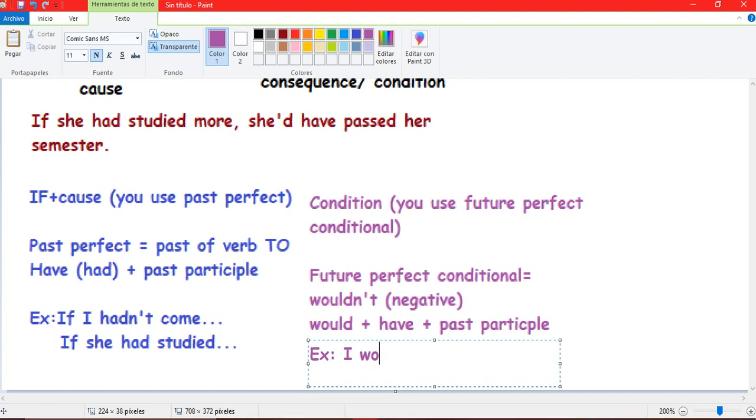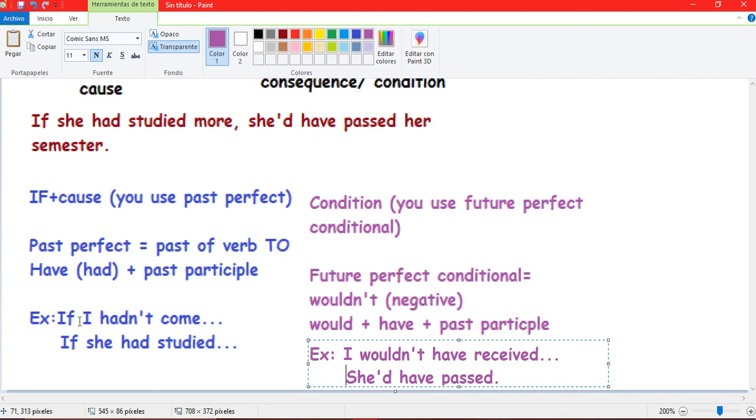I wouldn't have received, or in the second example we have here, she'd have passed. Okay, so these are the two principal verbal structures we use for the third conditional.